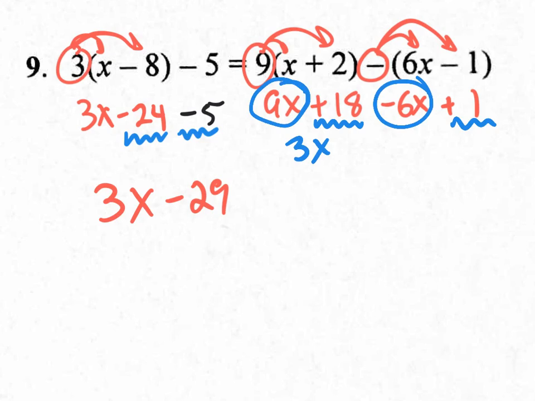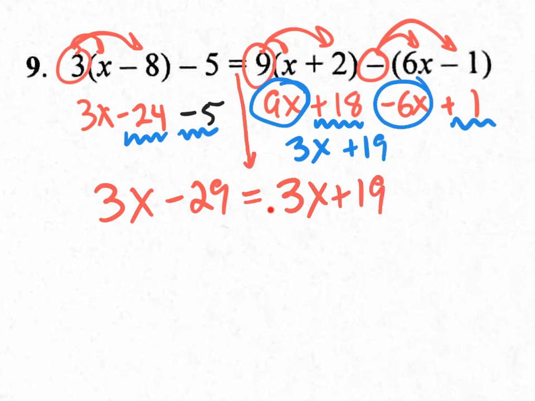Plus 19, right? Positive and positive stays positive. It's like having 18 and having one more, you have a total of 19. So let me rewrite my new equation. In other words, let me get the equal sign and put it right here. And let me rewrite the 3x plus 19. That way, it's all in red. It looks nice.